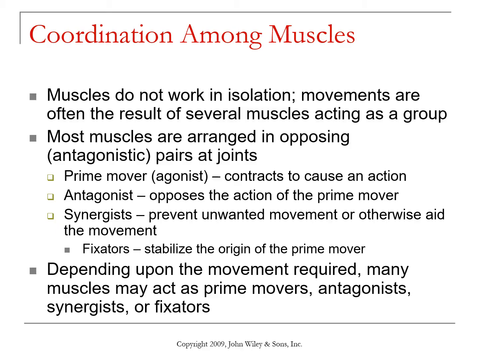Other agonists may support the prime mover. So there's a primary muscle responsible for that action, and other muscles may create the same action and act as other agonists. Antagonist muscles oppose the action of the prime mover, so they cause the opposite action when they contract. Also note that the agonist for one movement is the antagonist for the opposite motion.